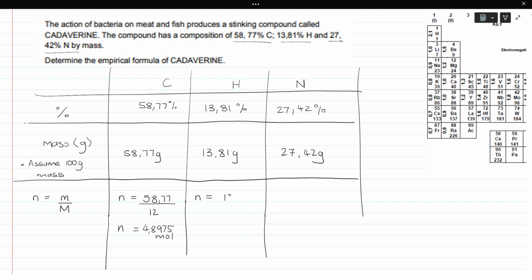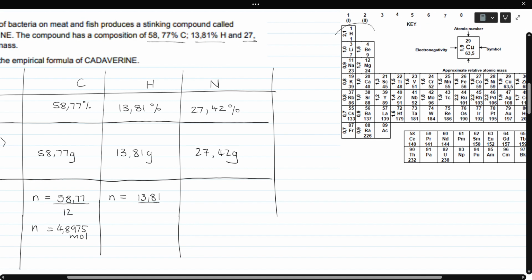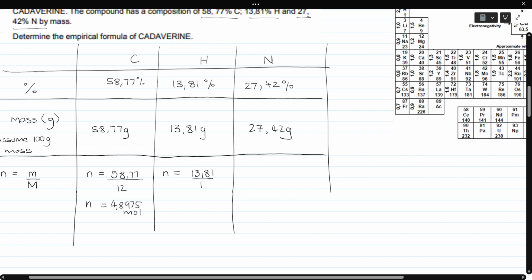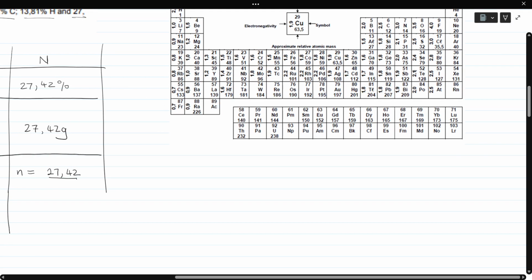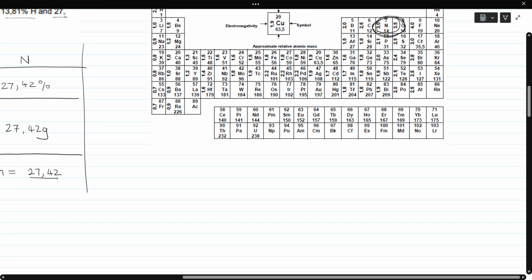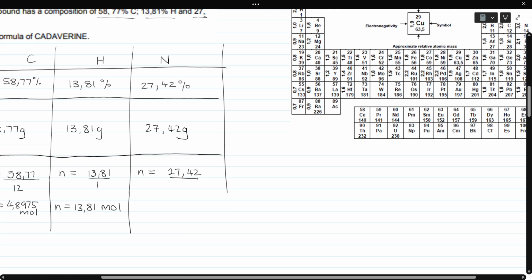If we look at hydrogen, we've got 13.81 all over. Hydrogen in our periodic table has a molar mass of 1. So this is simply going to be 13.81 moles. And lastly, nitrogen, we've got 27.42 all over, again going to our periodic table, nitrogen is 14.